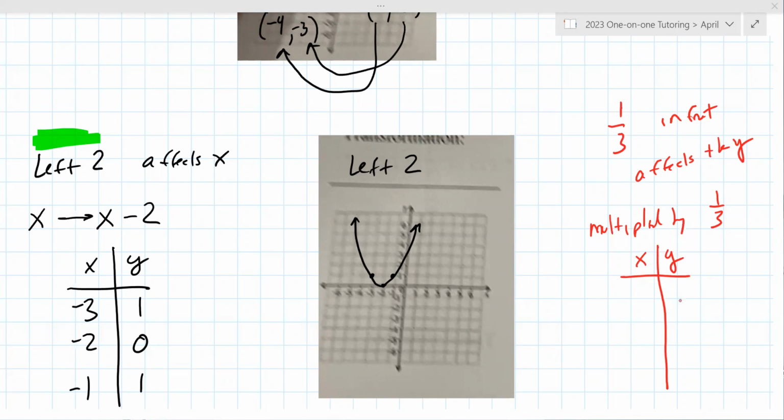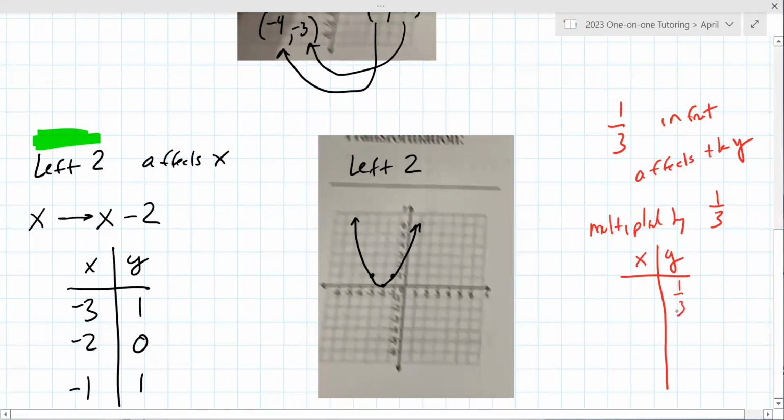Okay. How about for the second one? 0. Okay. And the third one? It's still the same, 1/3. Good. And the x values stay the same. Oops, that last one's wrong.